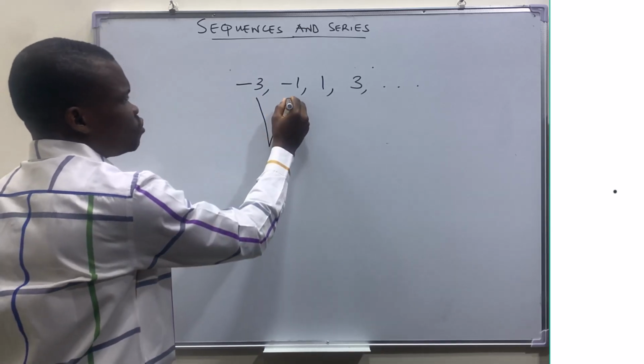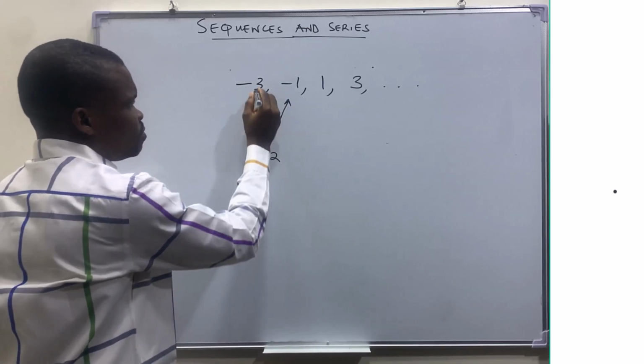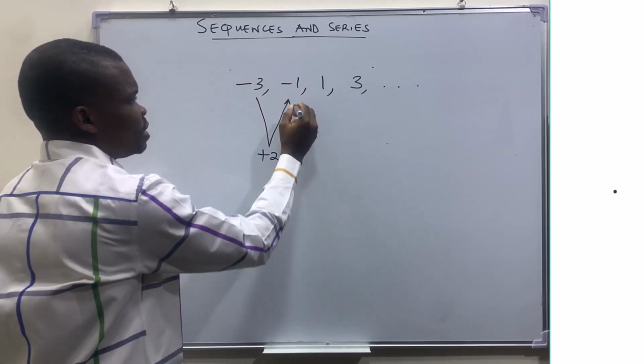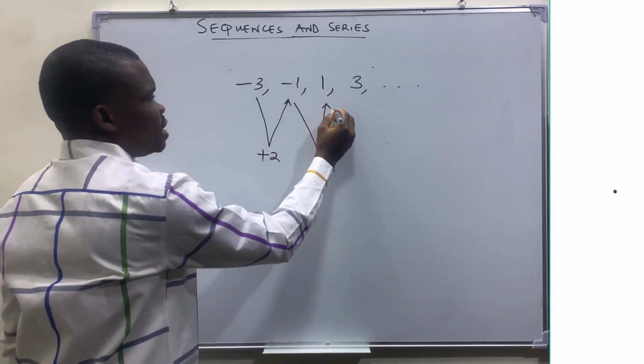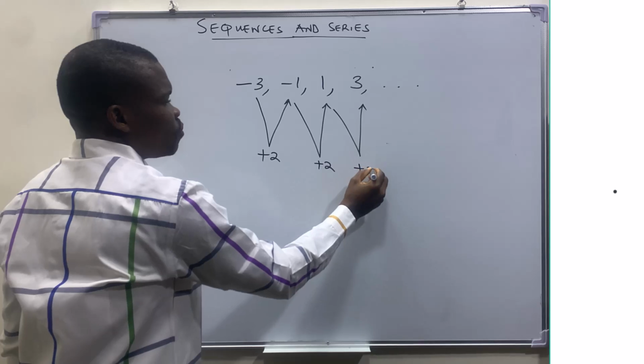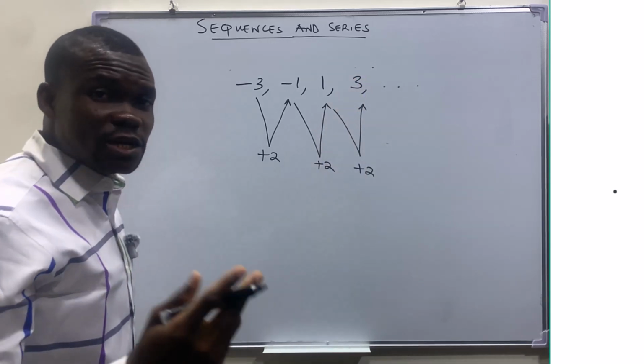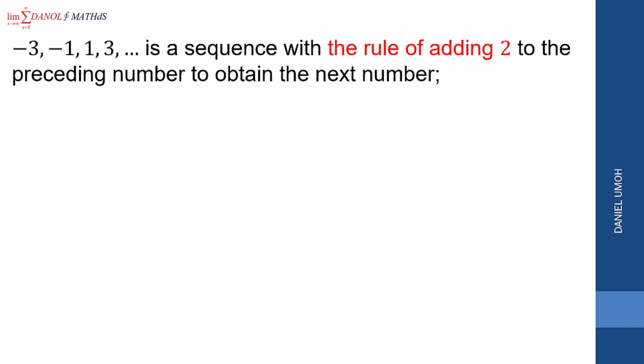So minus 3 plus 2 gives me minus 1. If I add 2 again to minus 1, I get 1. If I add 2 to 1, what happens? I get 3. So that's the rule of formation for the sequence. So we say minus 3, minus 1, 1, and 3 is a sequence with the rule of adding 2 to the preceding number to obtain the next number.